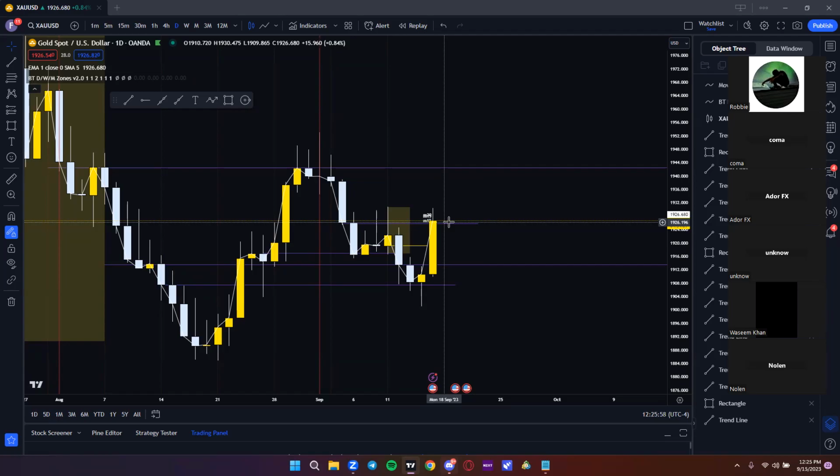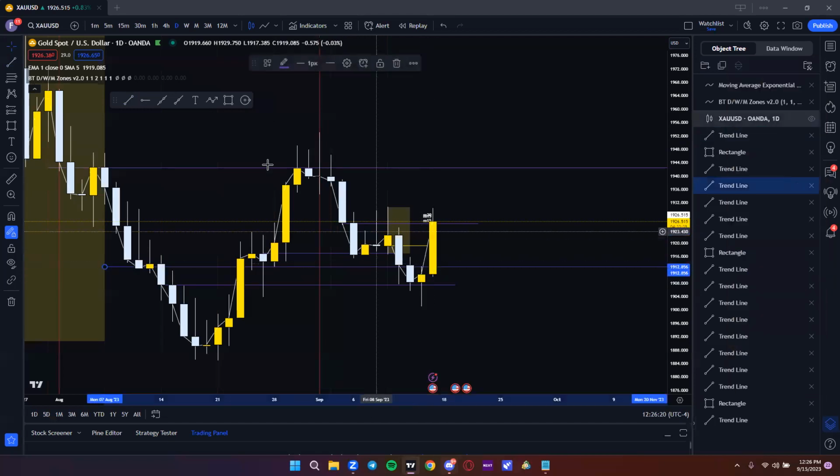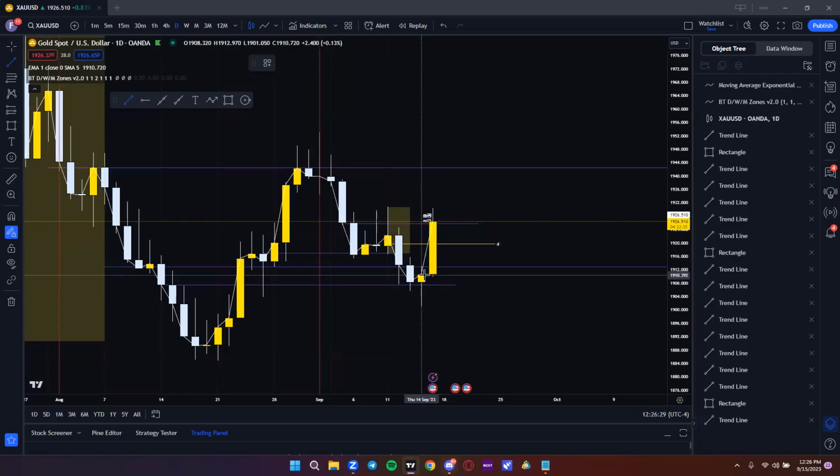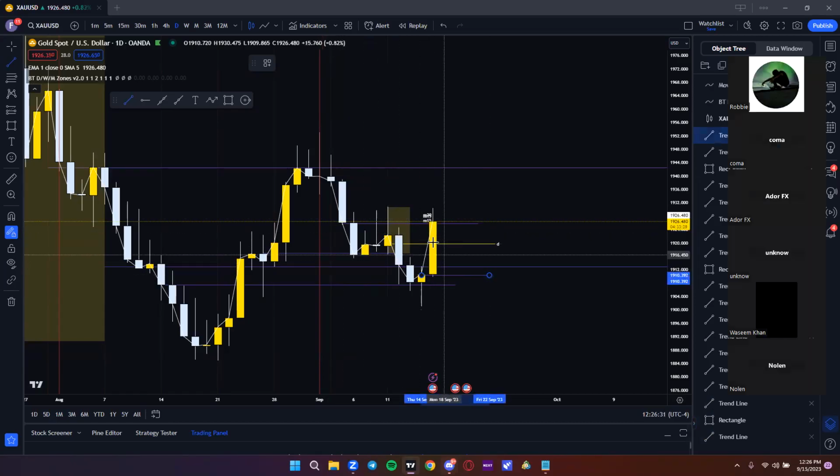For me, in my time, the market opens up at 6 p.m. Eastern time on Sunday. If I see that the Asian market opens and it's going down first, then I'm going to assume that price wants to be bullish, and I will mark out first the breakout level right here, and then I would mark out the source level that broke out, right?